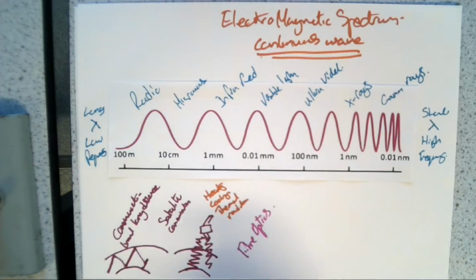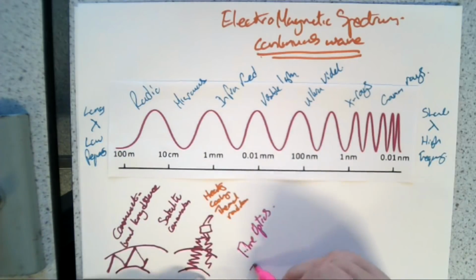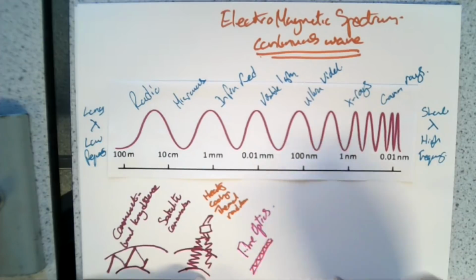It's doing that at the speed of light because it's going down little tiny glass fibers the size of a human hair, and that glass fiber can carry thousands of pieces of information. So remember, visible light is for communication using fiber optics.